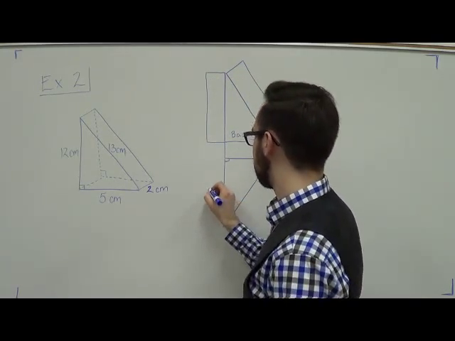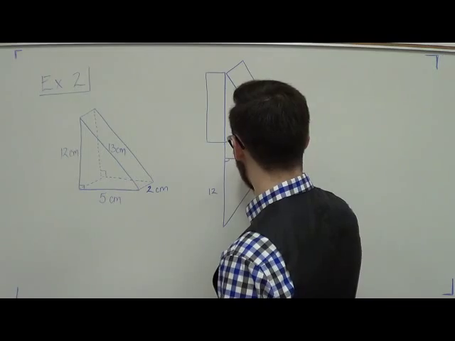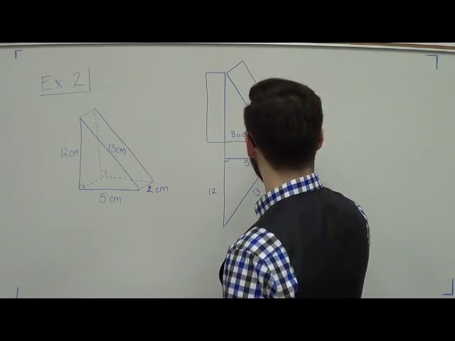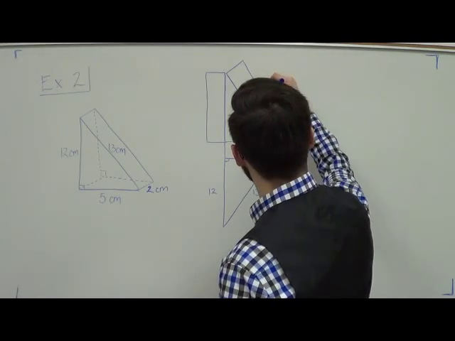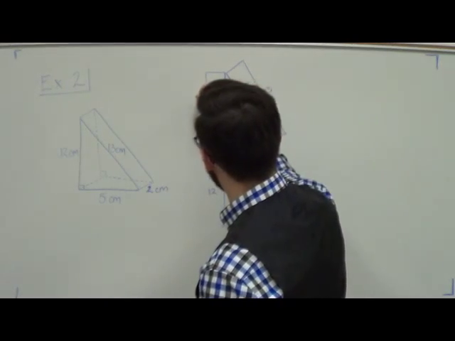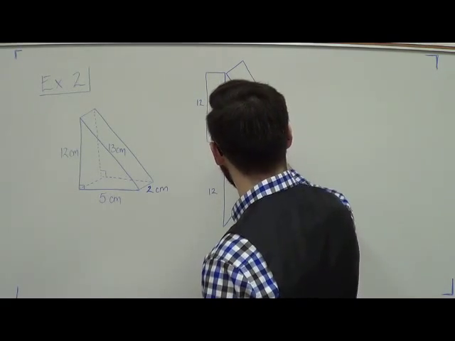So remember, the height of this is 12, so if that's 12, this was 13, and this was 5, and our width was 2. Remember, that means this width is 2, this is 13, this is going to be 12, right, and this is 5.